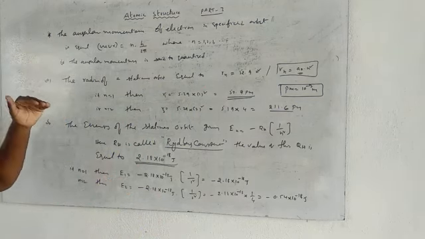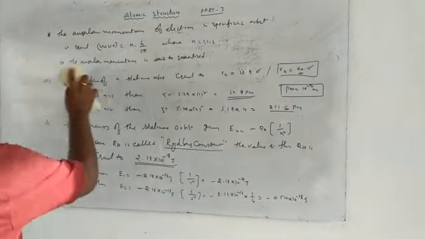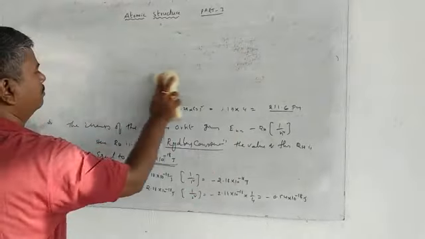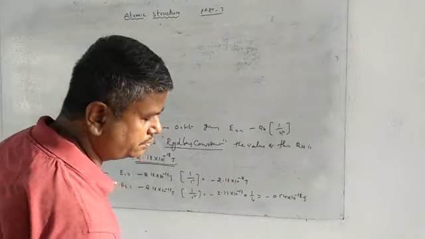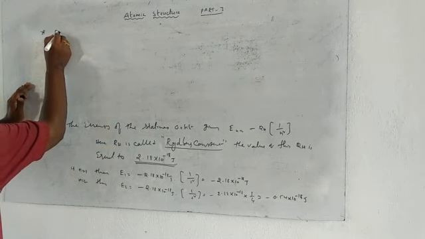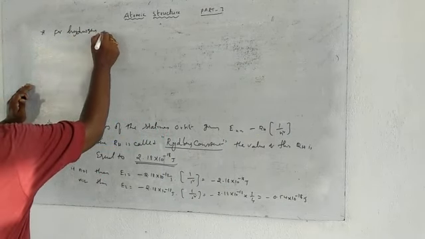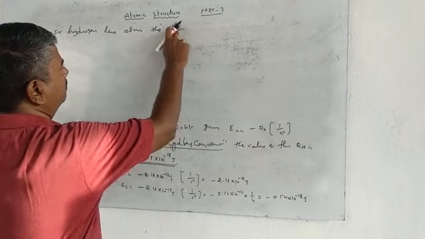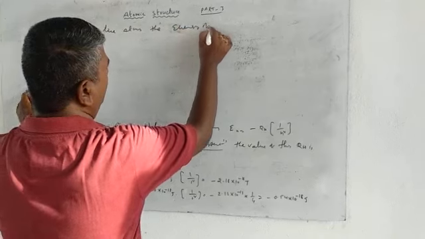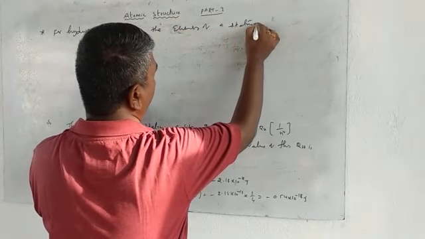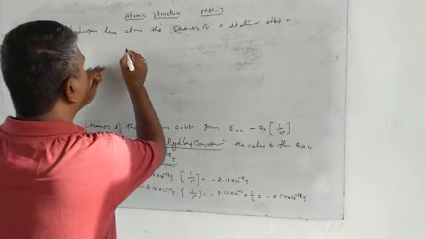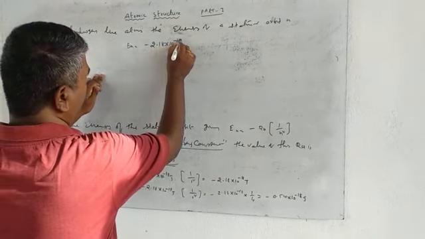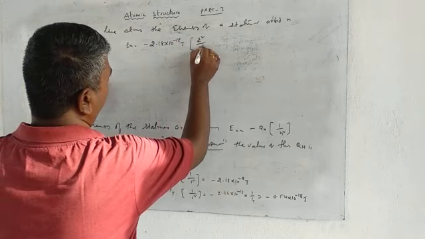This is for hydrogen atom. For hydrogen-like atoms, the energy of a stationary orbit is En equal to minus 2.18 into 10 to the power of minus 18 joule into z square by n square.